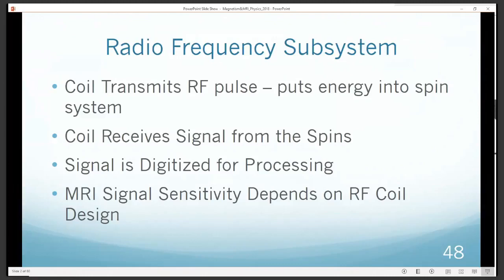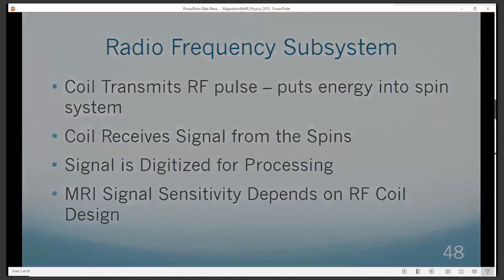And a lot of the difference between different systems and their sensitivity to produce the MRI signal depends on RF coil design. So RF coil design and associated RF electronics are some of the most important trade secrets of the various MRI companies.